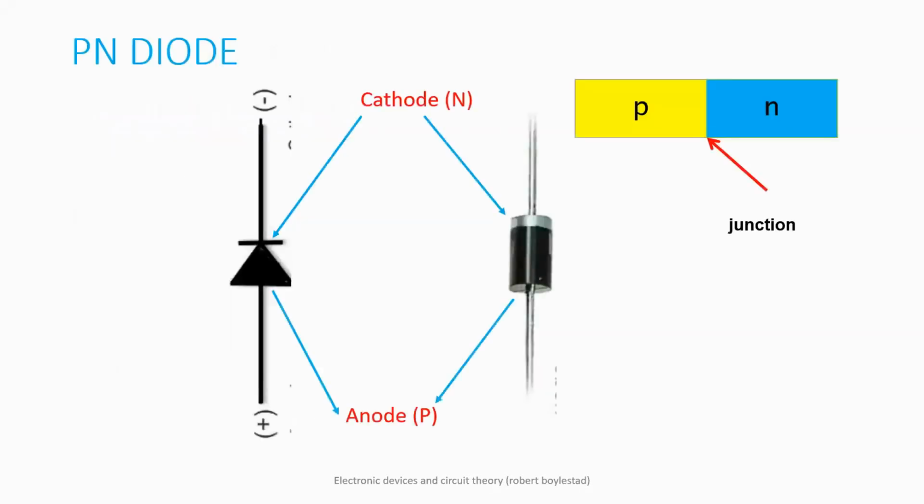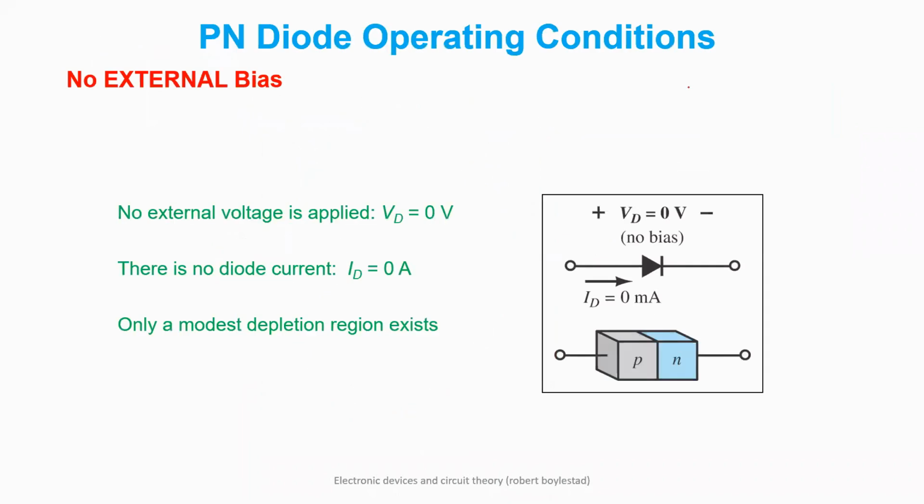So this is your symbol of PN diode, and this is your PN diode, this is your PN junction, and these are the PN diode operating conditions. So what are the PN diode operation conditions? When you are not applying any external bias. That means this is your diode and you have not applied any potential here.